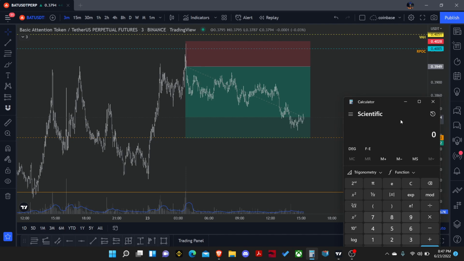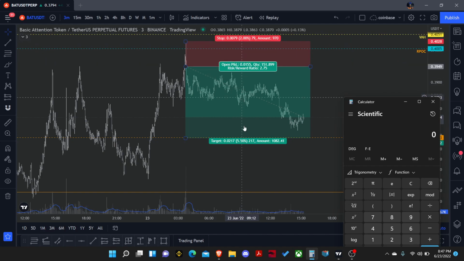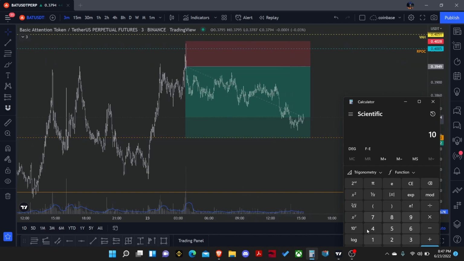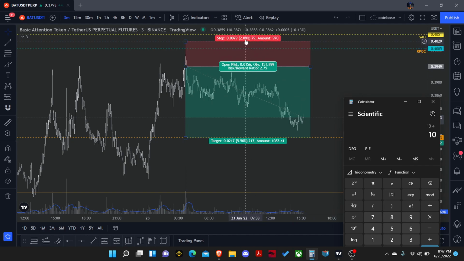It's finding the stop loss and dividing: if you are using a $1,000 account, 1% of it is $10, and dividing it with your stop loss distance, which is two, you get 5 as an answer, and you multiply it with 100 and divide it by your leverage, whatever leverage you're using.